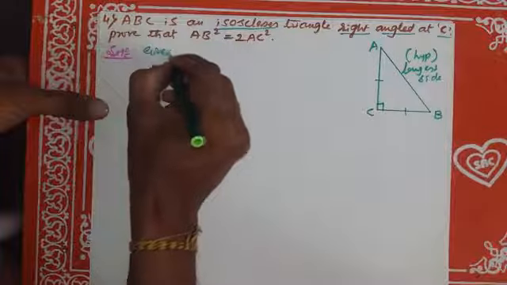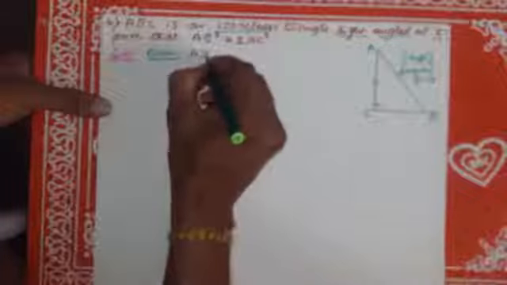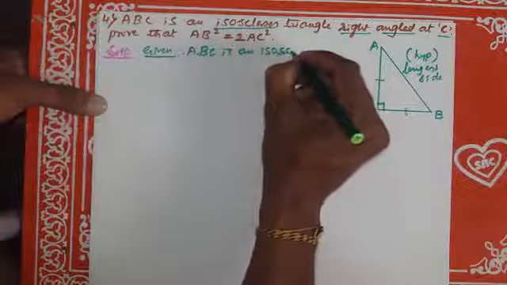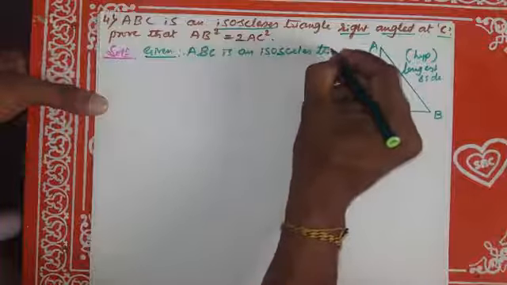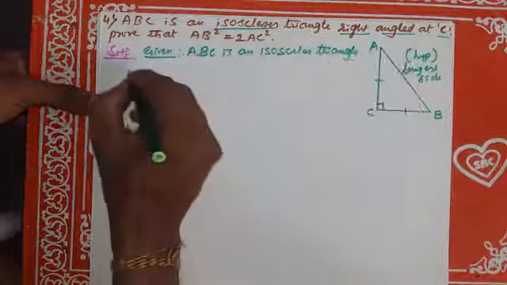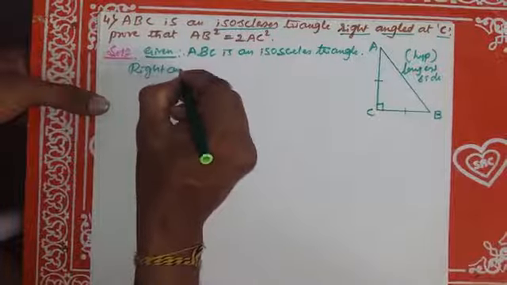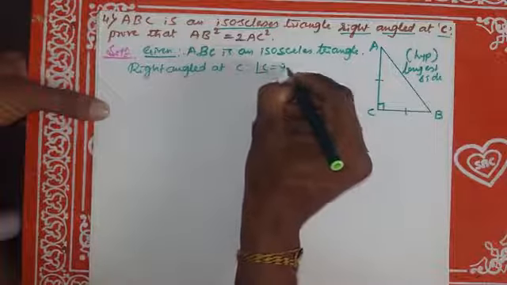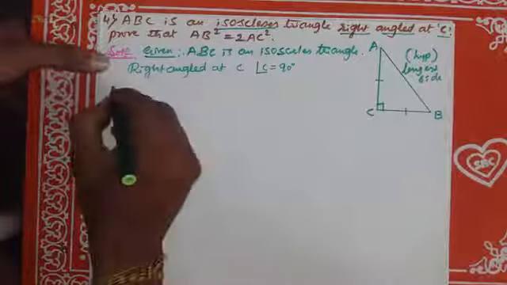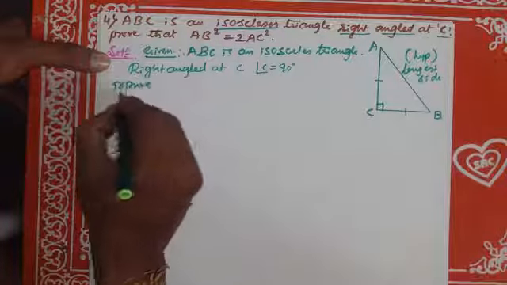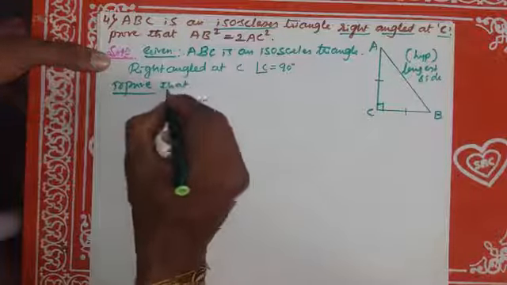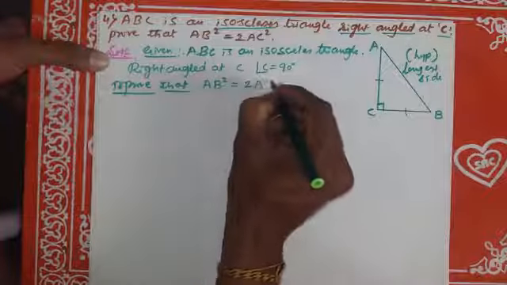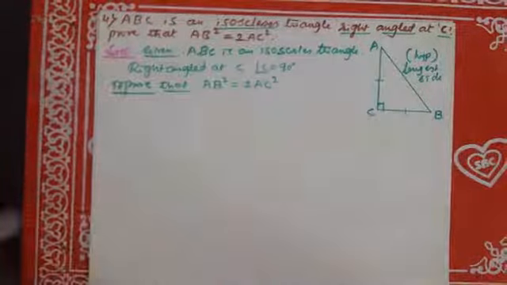Let us prove that AB square is equal to 2 times AC square. Given: ABC is an isosceles triangle, right angled at C, that is, angle C is equal to 90 degrees. To prove that AB square is equal to 2 times AC square.